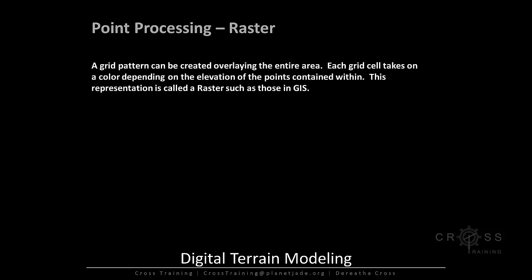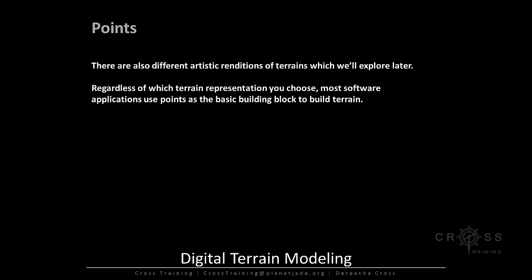Each grid cell takes on a color depending on the elevation of the point contained within. And this representation is called a raster, such as those that we have used in ArcGIS. There are several very different ways to artistically represent terrain, which we'll explore much later.